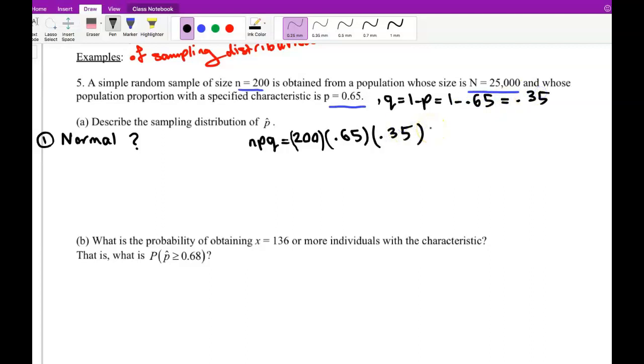This is equal to 45.5, which is greater than or equal to 10. So this is correct, and the answer is yes, this is normal.